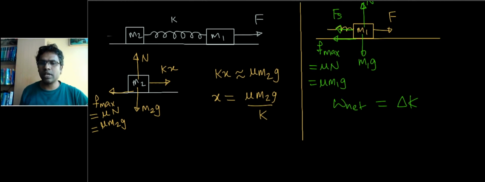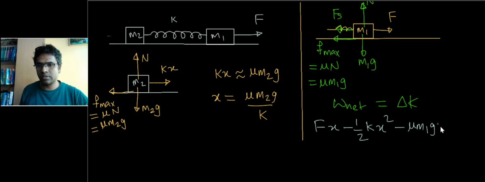The applied force F would do a work of F times displacement x. The spring force is in the opposite direction, so for an extension x, the work done by the spring force is minus half kx squared. And the friction force is mu m1g, and for a displacement of x, the work done is negative, minus mu m1g x.